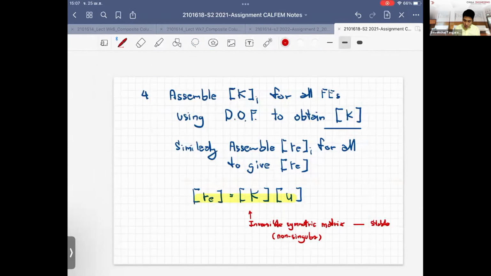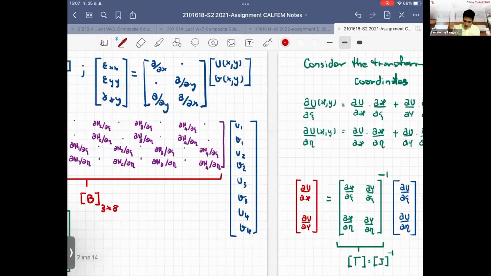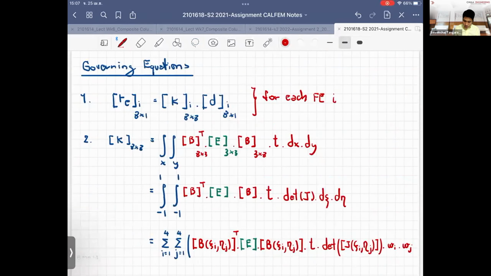Because of the equation that we use to form the K matrix, we use this standard equation, right? The standard equation is the double integration over the volume.